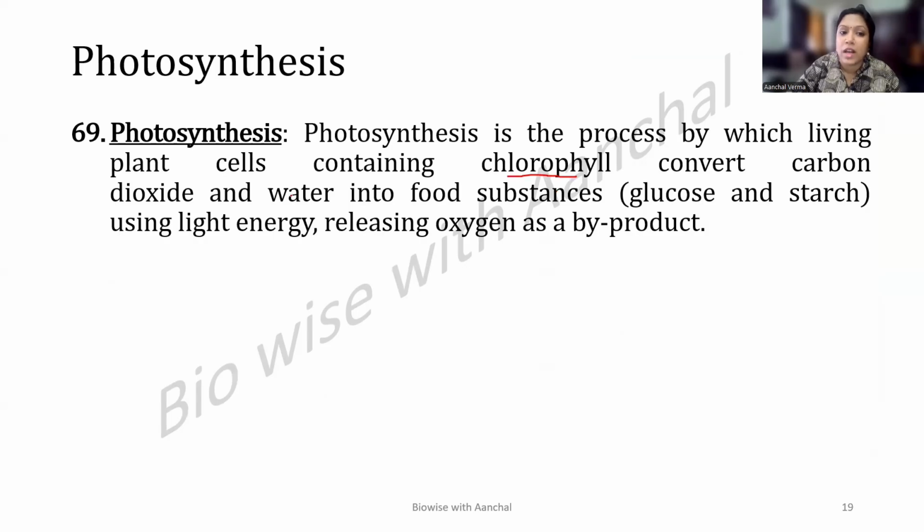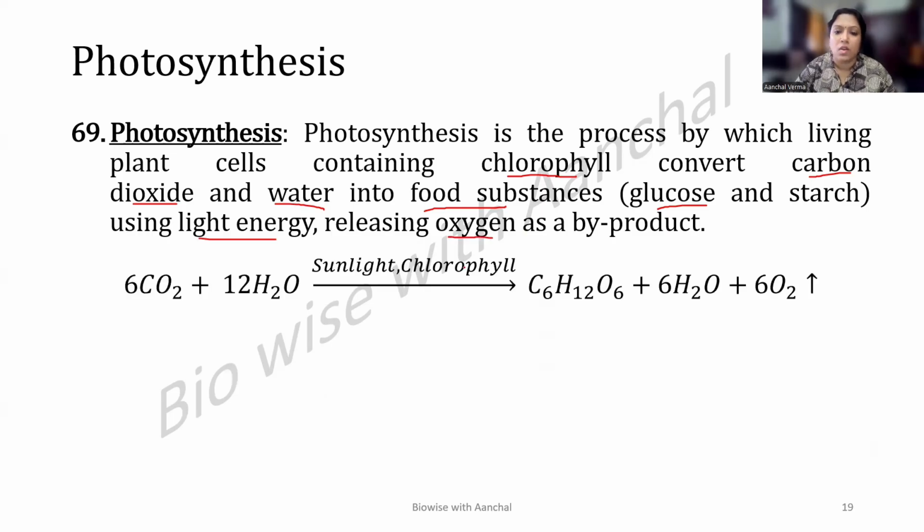So this is your photosynthesis definition. This is the reaction. Here, if this question comes for 2 marks, then writing this much will give you 1 and writing this much will give you 1.